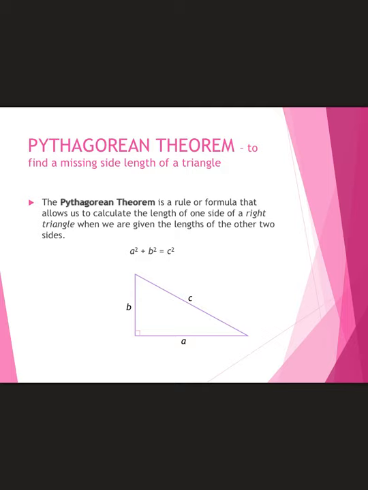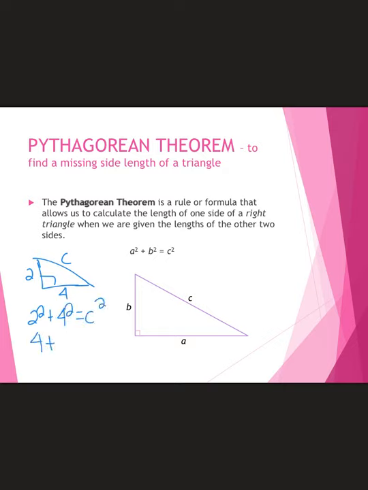So let's do an example here. What if I know, I'm just going to sketch something for you. So what if I have 2 and 4 and I don't know the other side? So that's our c. So then I'm going to say 2 squared plus 4 squared equals c squared.